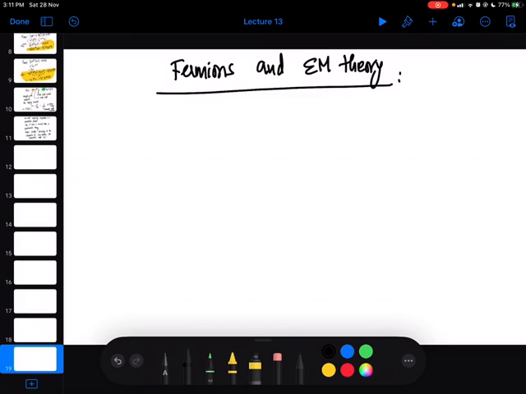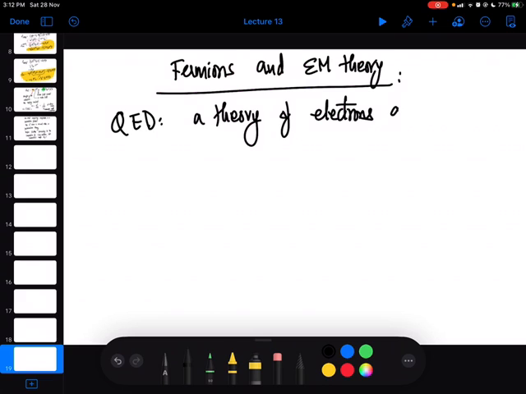So let's write down the Lagrangian for actual QED. Actual QED means electrons. QED is a theory of electrons and photons.